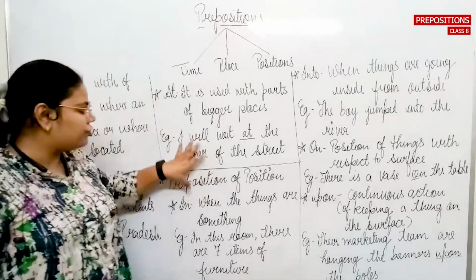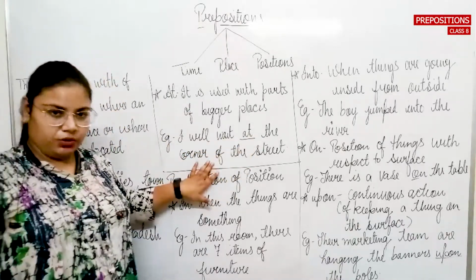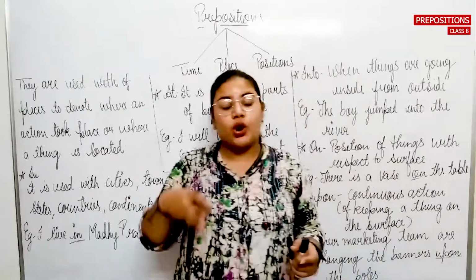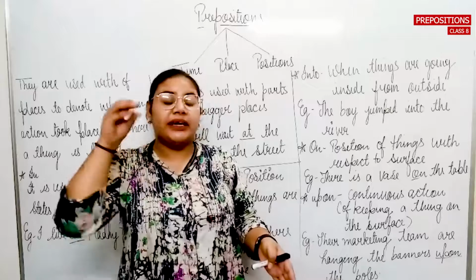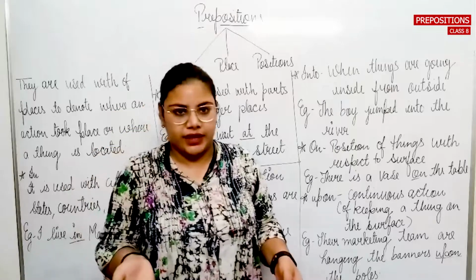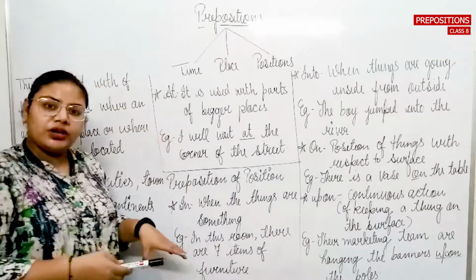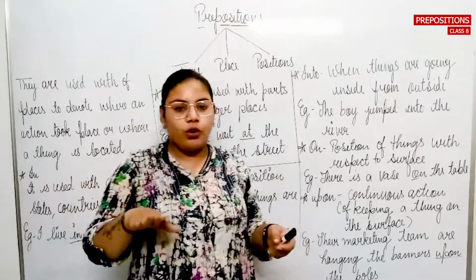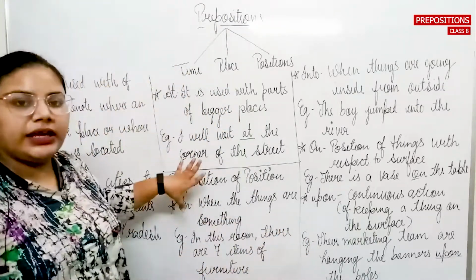If I say, I will wait in the street, it means I am talking about the whole street. I have not mentioned the particular place where I will be waiting. But if I say I will wait at the corner of the street, it means I am talking about a part of that street. I hope you have all understood the difference between in and at.